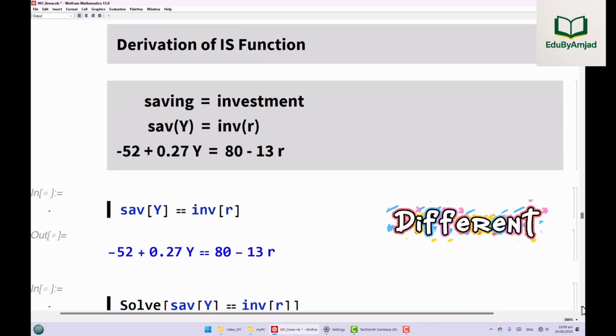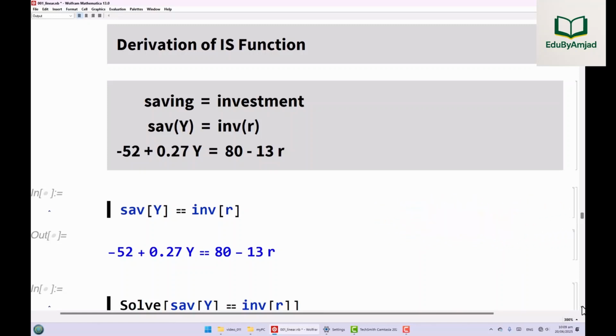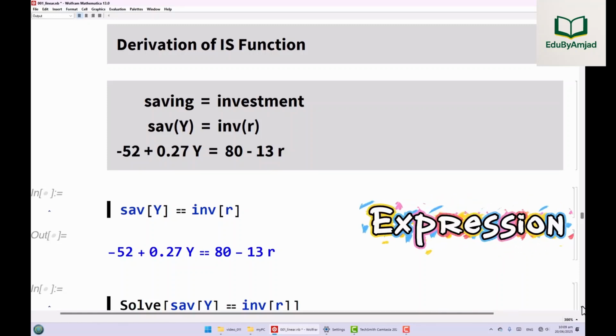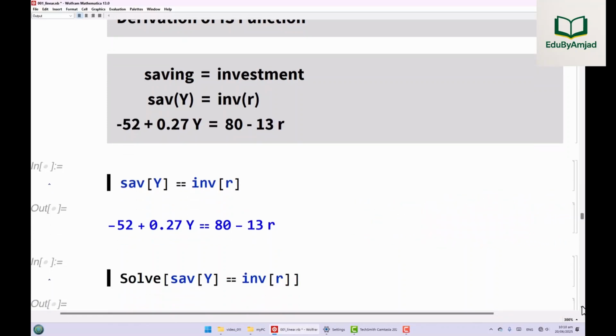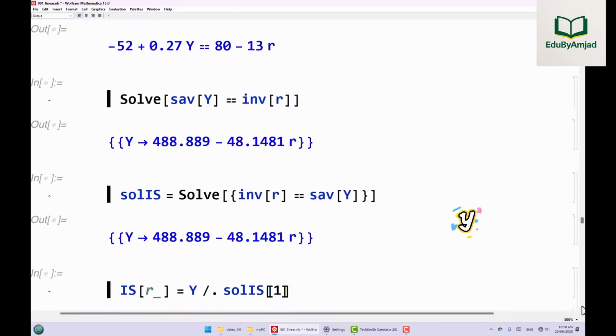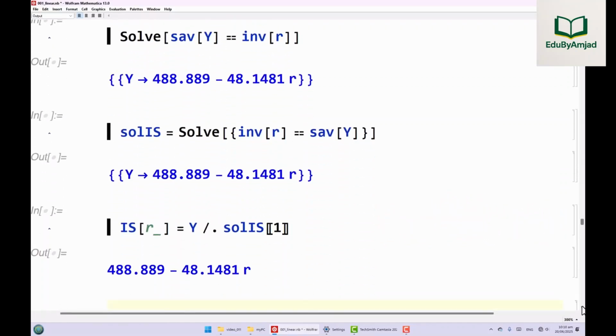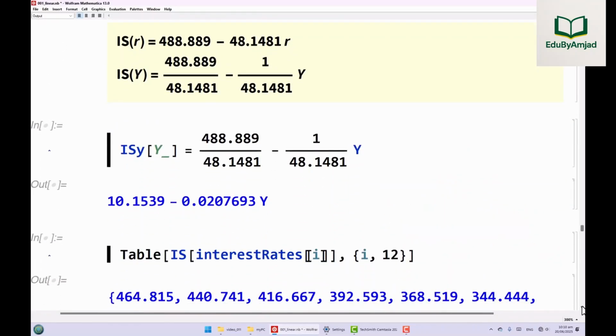As we did for 12 different equilibrium levels of income at different interest rates, if we keep the expression in generalized form while equating saving and investment in the product market, and solve the equilibrium equation for y in terms of r, the function we get is known as the IS function or IS curve. Here, we transform it into inverse function form because by convention we measure the independent variable r, the interest rate, along the vertical y-axis.